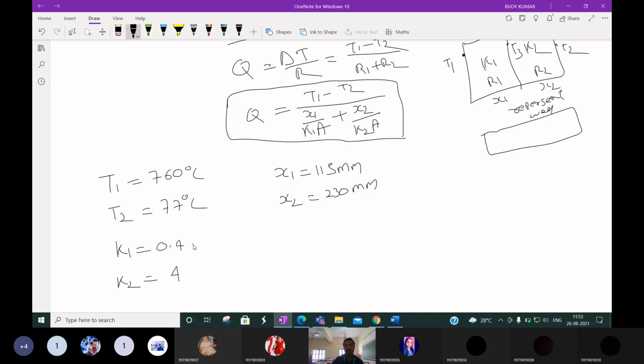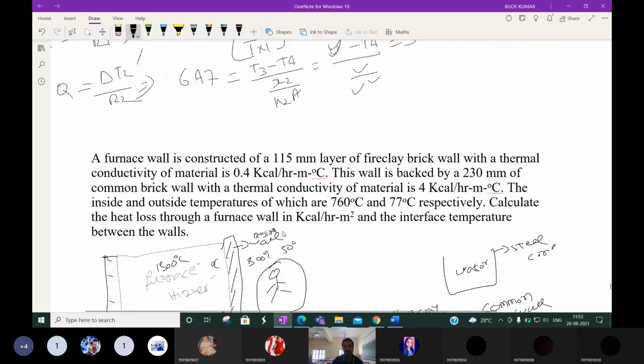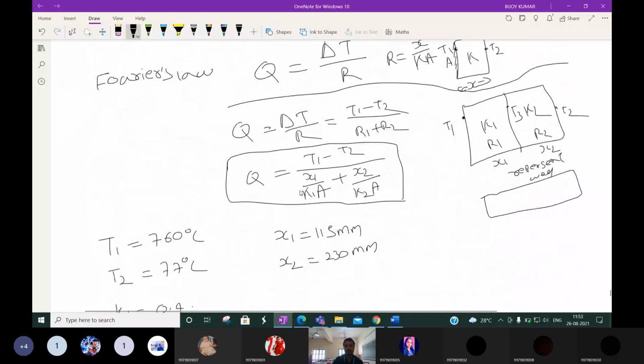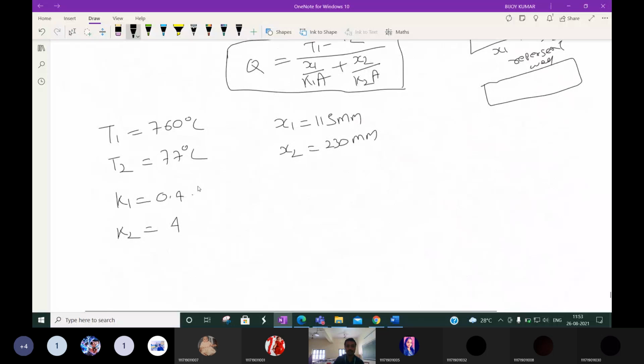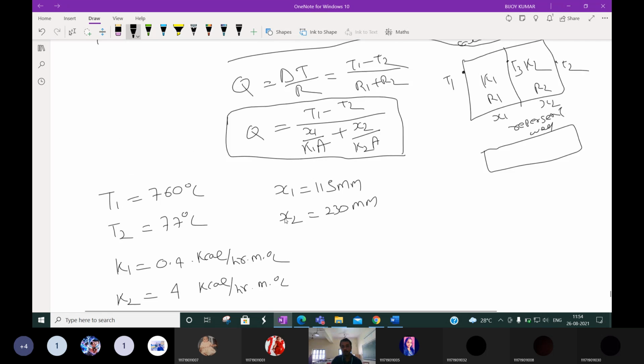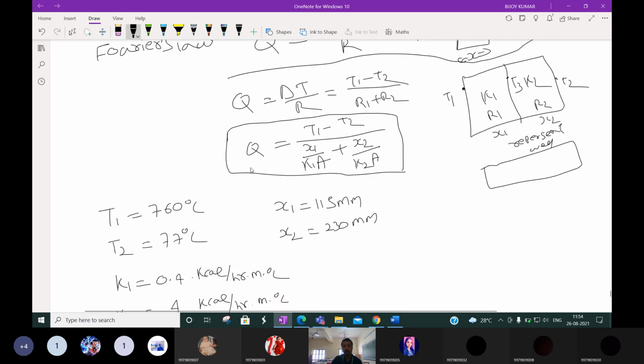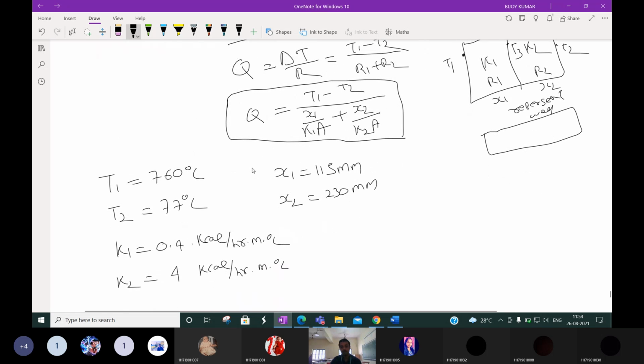What is the unit of K1? It is kilocalorie per hour into meter into degree centigrade. Okay, so we have to calculate Q. What is not known to you? Can anyone say?